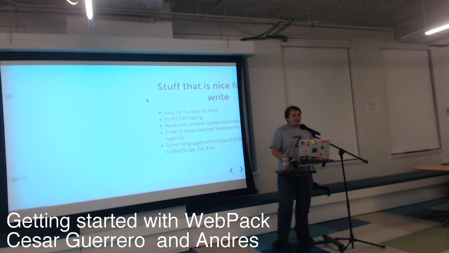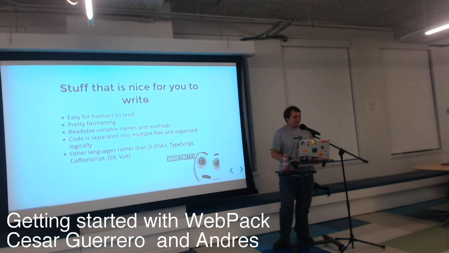So, stuff that is nice for you to write is everything in our code base that is easy for humans to read. You have pretty formatting, your double quotes, single quotes, semicolon, no semicolon, whatever. You have readable variable names and methods, so you and your coworkers will understand what is being done or what you are trying to do in your code.